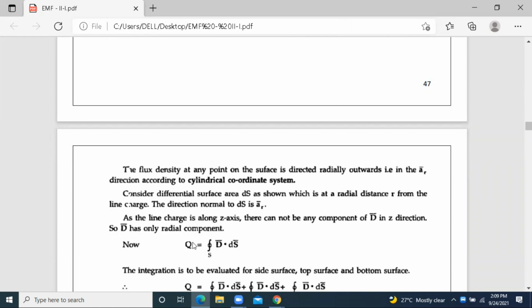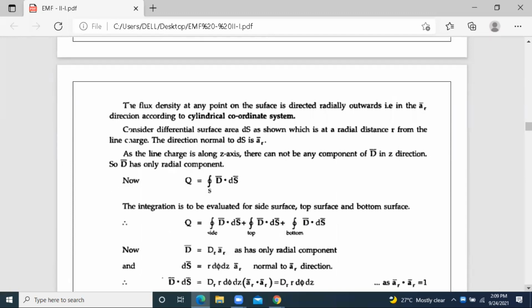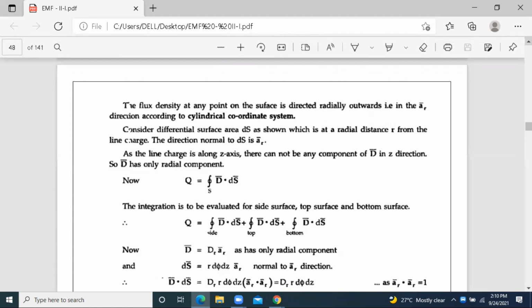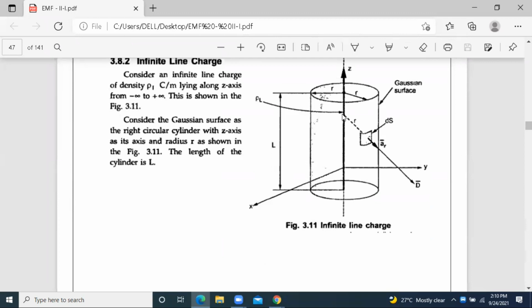Gauss law states that Q is equal to the integral around the closed surface of D dot dS. Your dS for the cylinder, your surface for the cylinder is around the side, the top, and the bottom. Your D is radial outward from the charge.